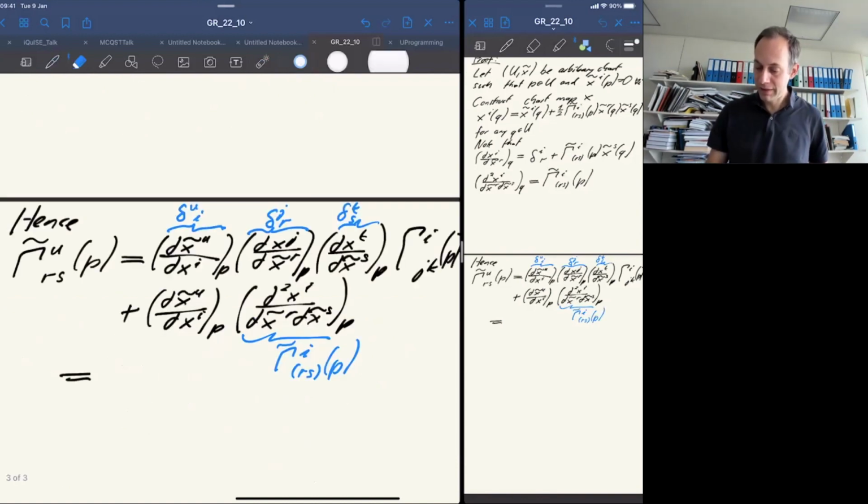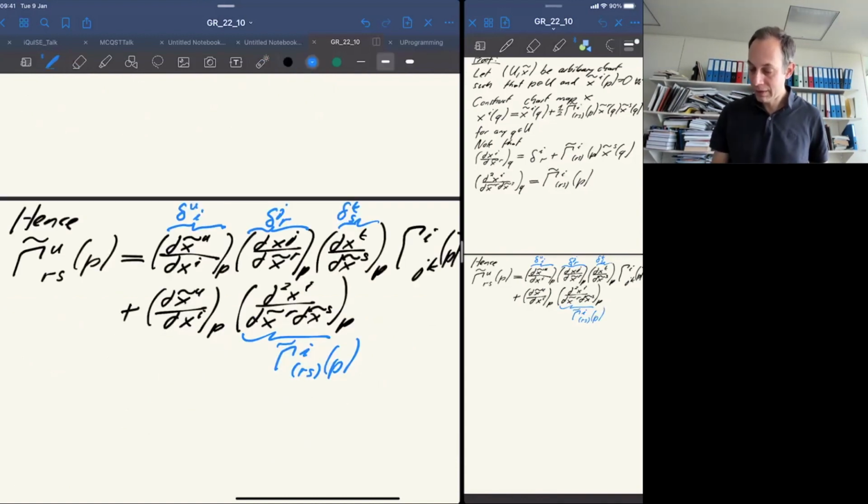Okay, now you probably see that we are almost done. Let me just rewrite this by evaluating the symbols.